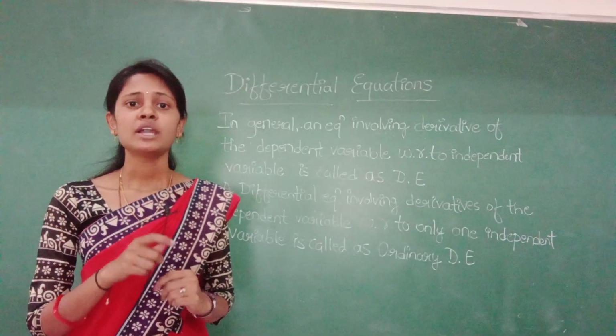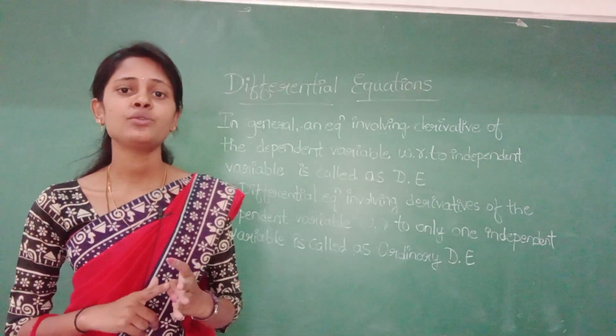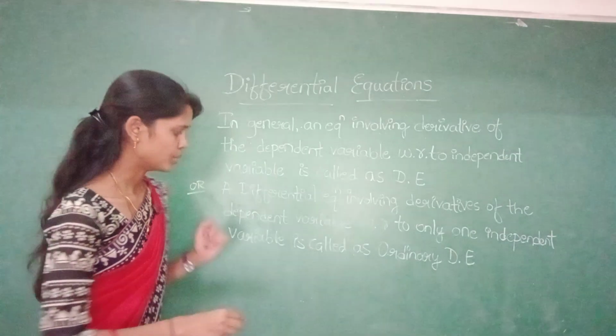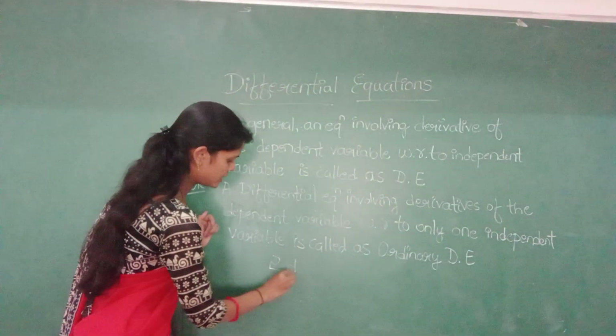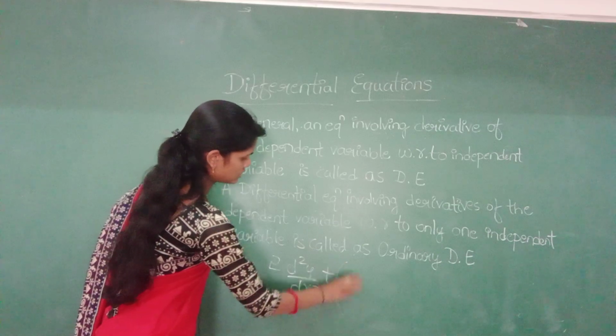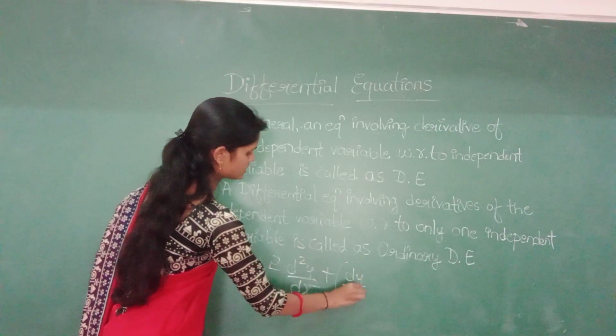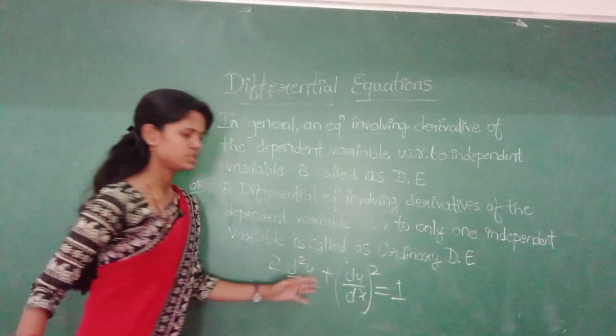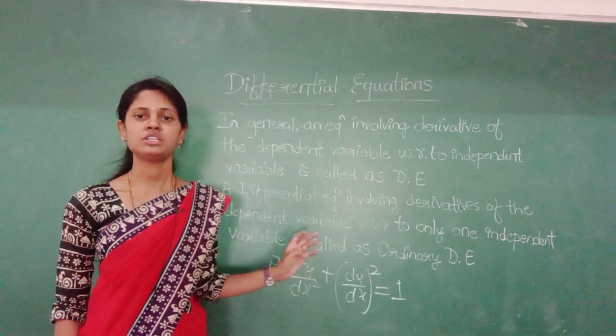So in this section you are going to use only ordinary differential equations, that means containing only one dependent variable and only one independent variable. For example, 2 into d square y by dx square plus (dy by dx) whole square is equal to 1. So this is our ordinary differential equation. Why?